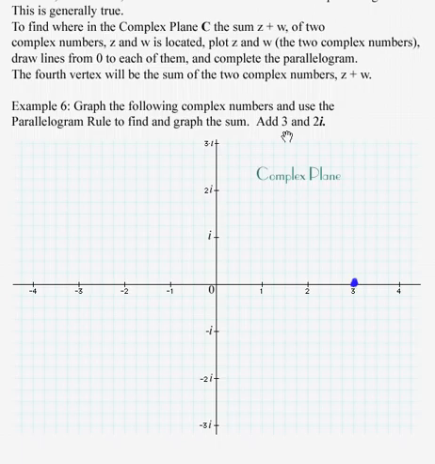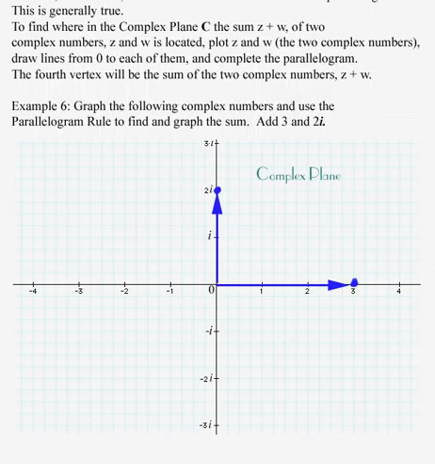And let's take some easy ones like 3, which is a complex number, 3 plus 0i, and then 0 plus 2i. So starting with 3, that's 3 units on my real axis, 0 units on my imaginary axis, plot the point. And then 2i is 0 units on my real axis, 2i units on the imaginary axis. Let's draw the lines from the origin to each of those complex numbers.